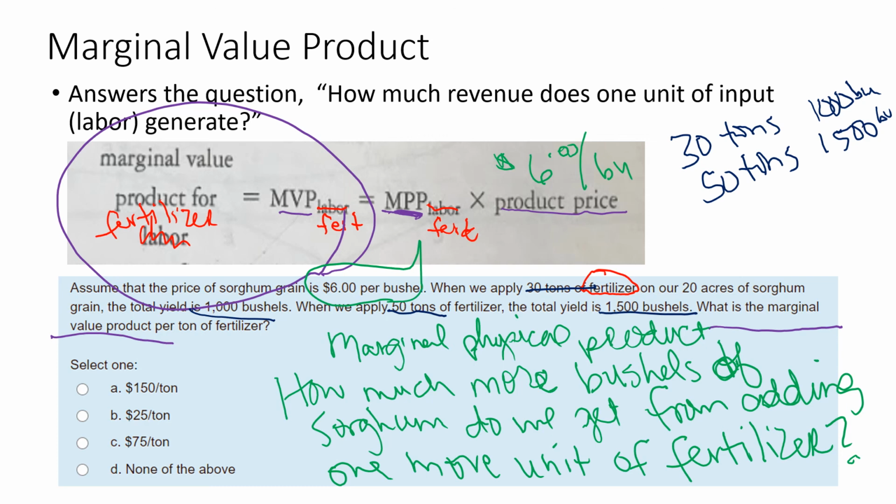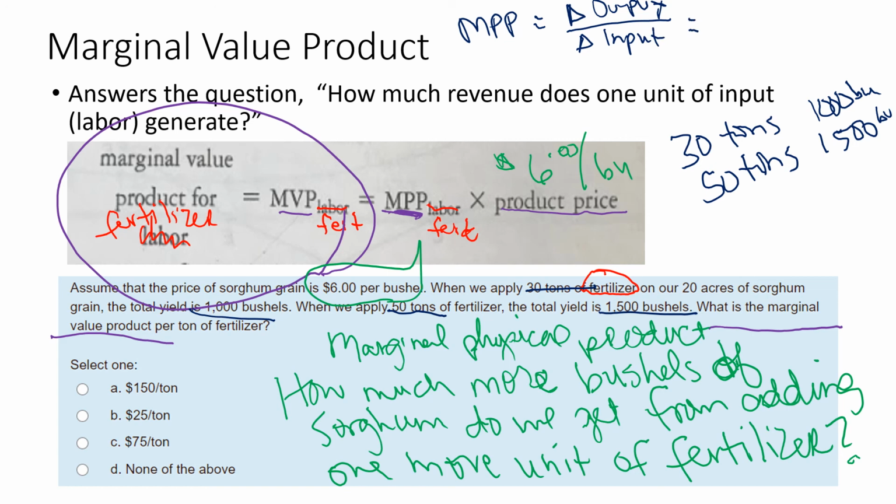So our marginal physical product, we have an equation for that we learned earlier in chapter 6. Marginal physical product equals change in output divided by change in input.